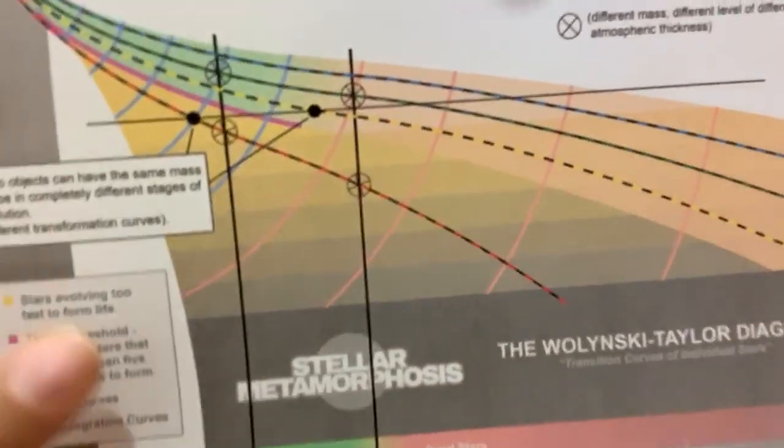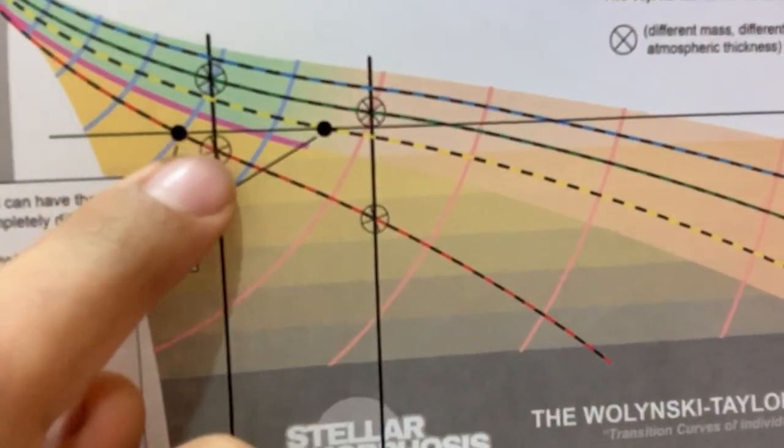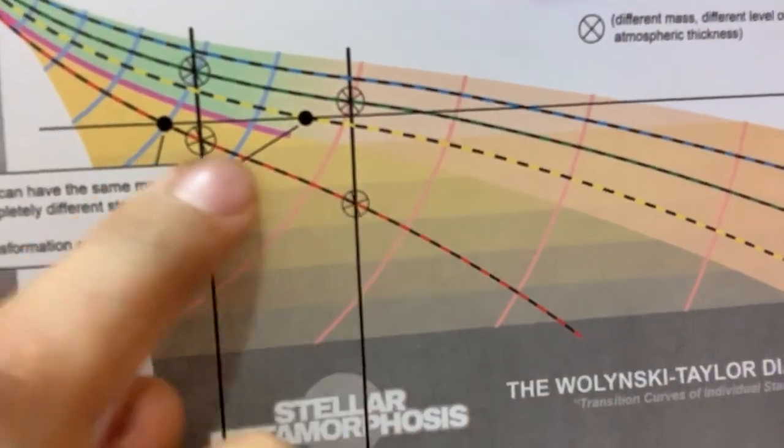It might be a little off, and might scoot a little bit further down than the other one currently is. But that is the crux of the issue here, is that you can't take a star and say, this is how it's always been, this is how it will always remain, because they evolve, the planets evolve. And their evolutionary tracks, the transformation curves, show that quite clearly. There's that.